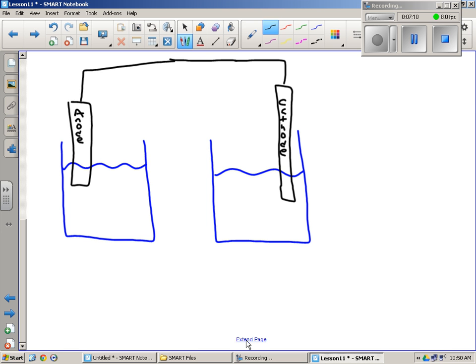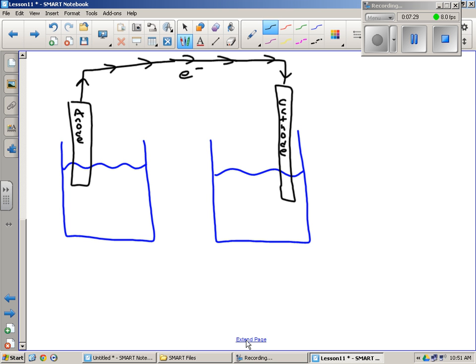Electrons always travel towards the cathode in a Voltaic cell. Okay? So, electrons travel towards the cathode, like so.